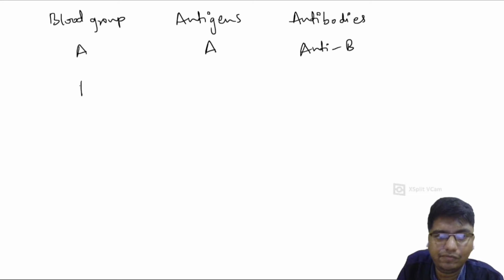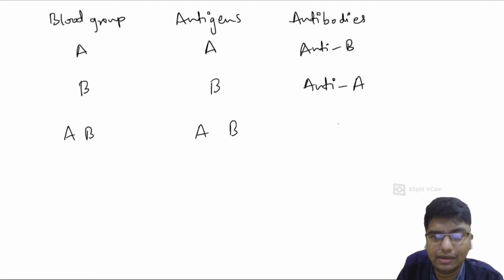Then for B blood group, antigen B, antibodies anti-A. Again for AB, antigens are A and B, and no antibodies are present.